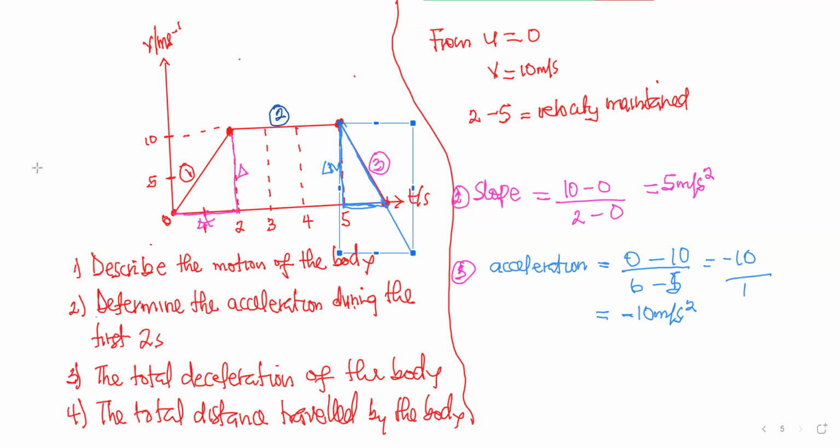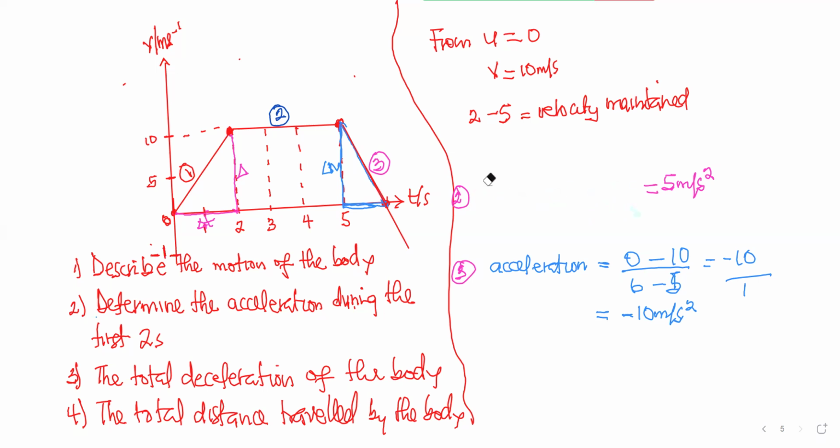I want to extend the motion a little bit. In this case, I extend the graph downwards. So this area is the area of a trapezium.